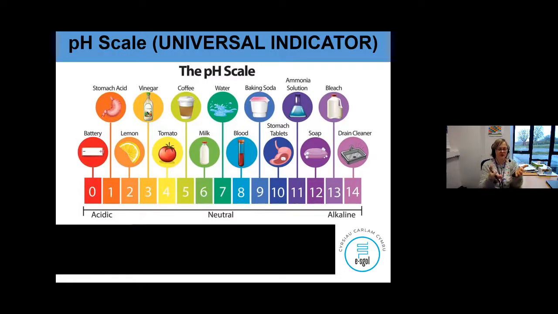Okay, so if it's something that you ingest or eat or you put directly onto your skin, it's unlikely to be massively away from that central point of 7. Otherwise, it would be dangerous. Okay, so having just an overview, a bit of a gut instinct about certain substances and what pH they are is probably a sensible idea.